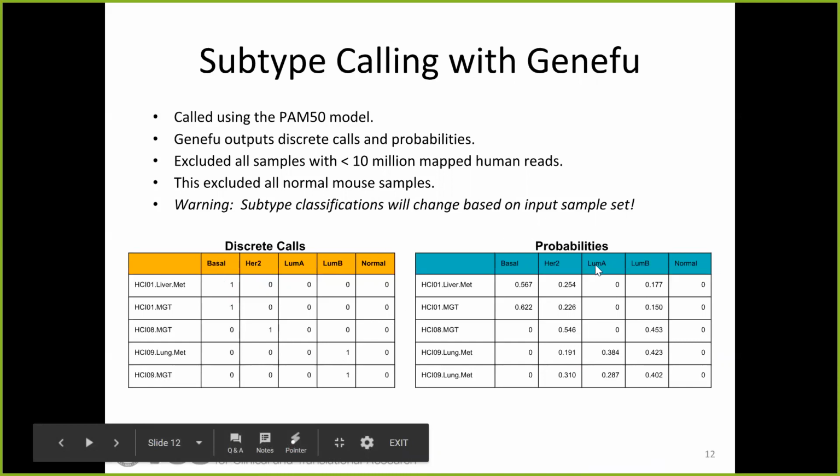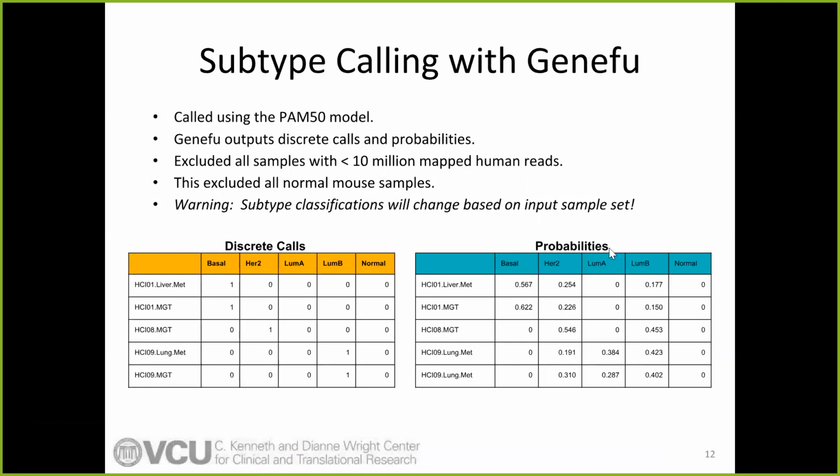But you can also get the probabilities to see how close that call was, how confident it was that it was a basal or a HER2. So for the HCI01s, it was pretty confident that those were basal, over 50% confident.